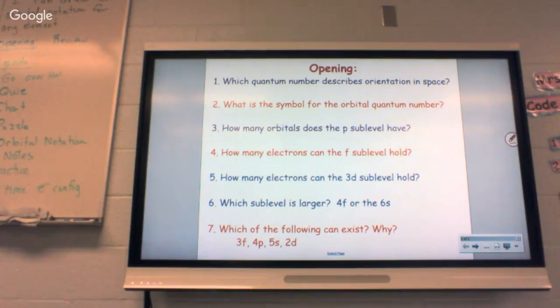Okay, so an F is essentially a 4th sublevel. What does the number in front of it have to be? A 4. Okay, and then the D is a 3rd sublevel, SPD, right? So the number in front of the D has to be a what? A 3. Everybody okay with that? Questions?